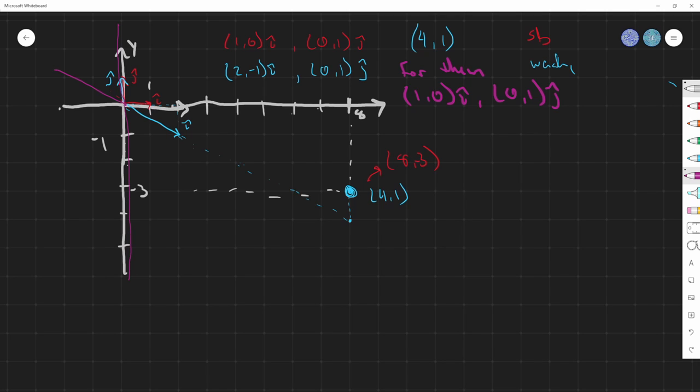Sorry for my terrible line. But their coordinate system is going to be like this, and then this would be 1, 2, 3, 4, 5, and 1 here, and then this is going to be 1, 2, -1, -2, -3, -4, -5, -6.